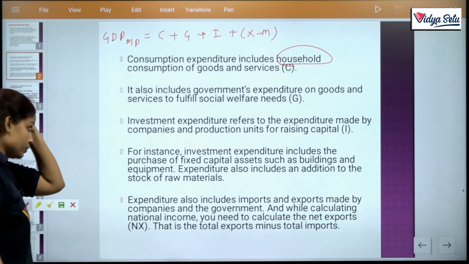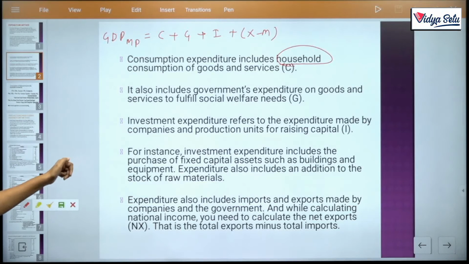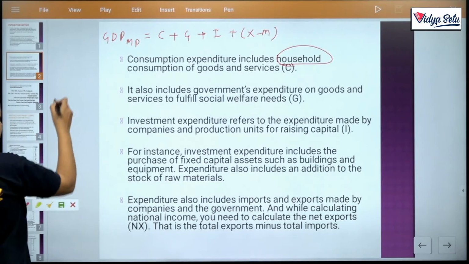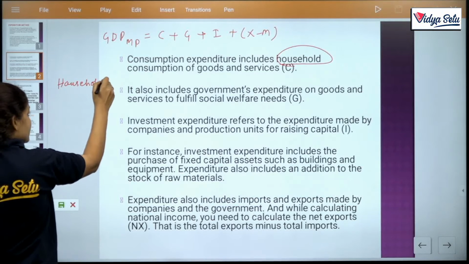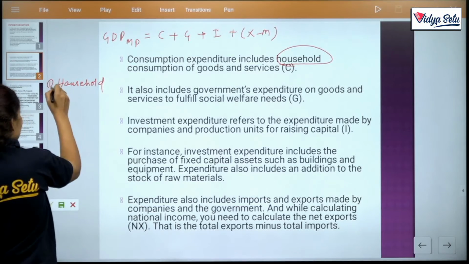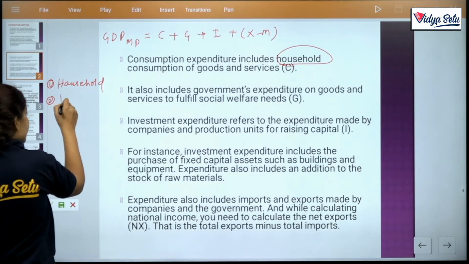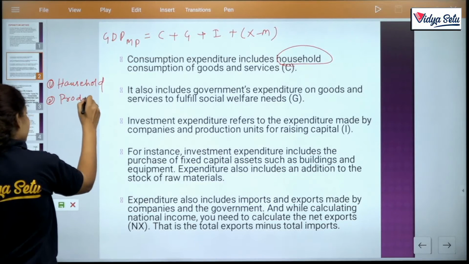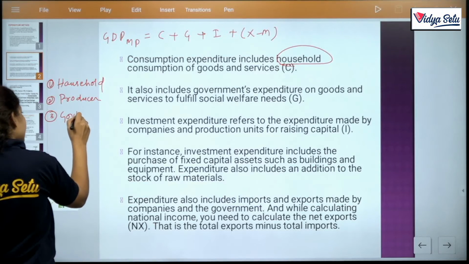I also told you about the 4 sectors. One sector is household, the other sector is government, then the other sector is producer, which makes investment expenditure. There are 4 sectors. First is the household sector, which we discussed in our first class of macroeconomics. Second is the producer sector. Third is the government sector.